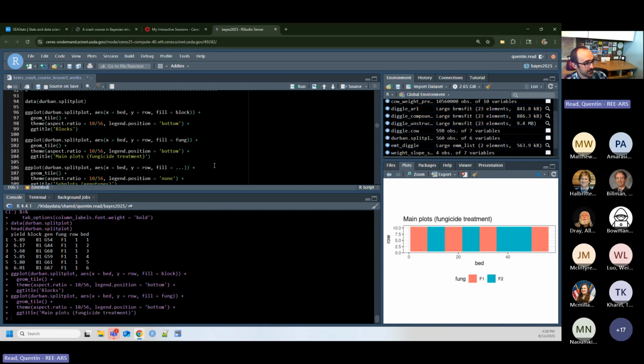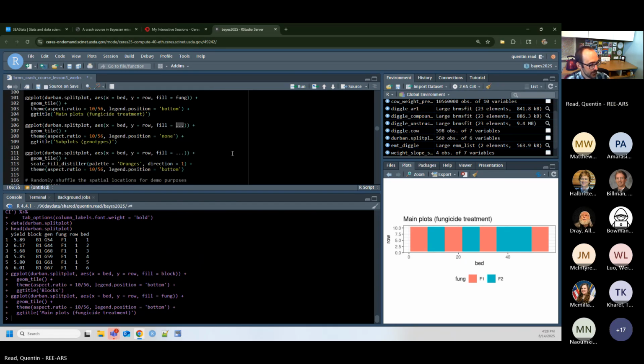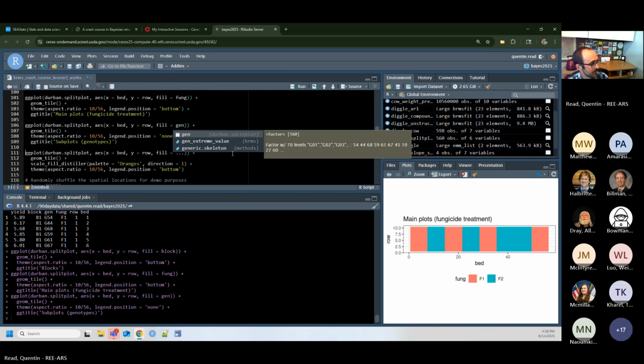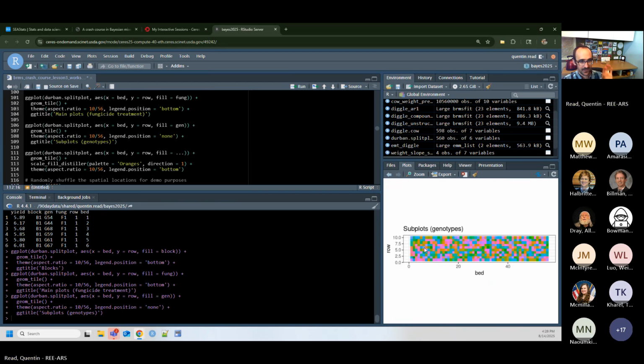Control Enter. You can see they are randomized whether the left or right side of each block got the fungicide treatment 1 or 2. And let's fill by genotype. You can see that there's just a bunch of genotypes in little square subplots within each of the fungicide areas.